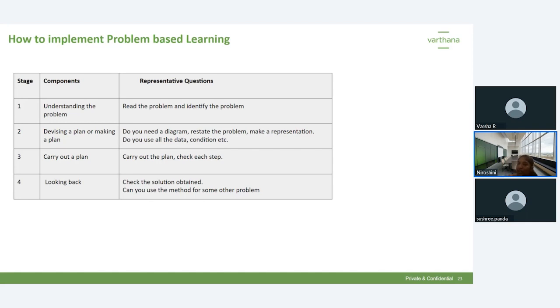So when we put the children through this detailed process, the child gets very deep knowledge about concepts, and also gets to think a lot from a critical standpoint, where he uses his logical thinking skills and analytical skills to come up with the best solution.